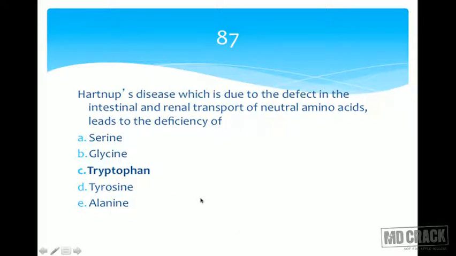All of the neutral amino acids may be involved, but the most important one is tryptophan, which can lead to the deficiency symptoms, because others can be synthesized within the body. This one cannot be synthesized. It is an essential amino acid, and thereby it leads to the deficiency symptoms of tryptophan, not of the other neutral amino acids. Let's go to the next question.